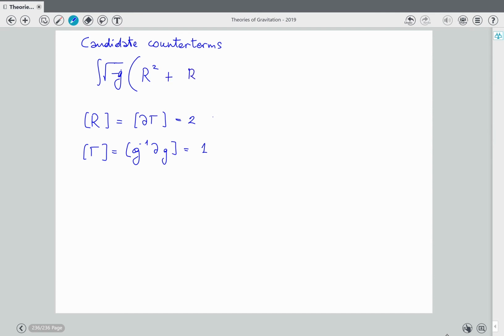Then I can build all the quadratic terms we studied. And those are the first that appear, indeed. Well, there are only 2, we remember. The other 2 can be eliminated by means of Euler characteristics. So Weyl squared is not independent, and so on and so forth. But then you can build also this one, for example.